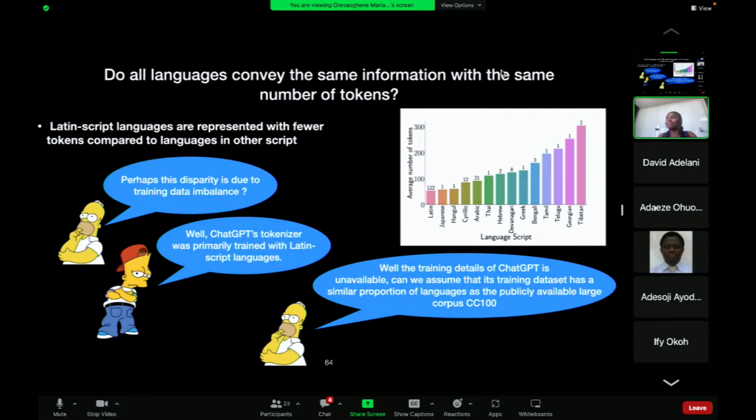We don't have access to the model, we just have access to the tokenizer. But can we assume that its training data set is kind of proportional to the languages represented in publicly available multilingual corpora like Common Crawl? That's what we do, because we assume that all these models are trained on lots of text from the web, and Common Crawl is also lots of text from the web, so we believe this should be fairly representative of what their training data could look like.